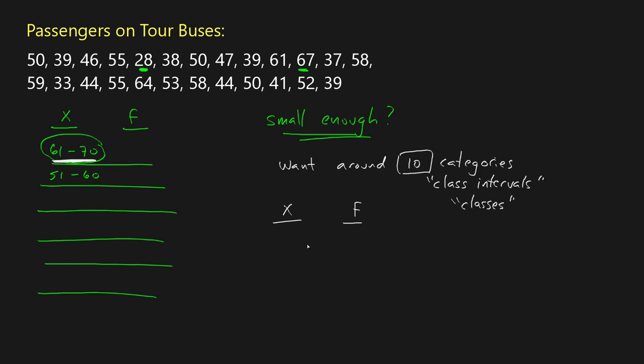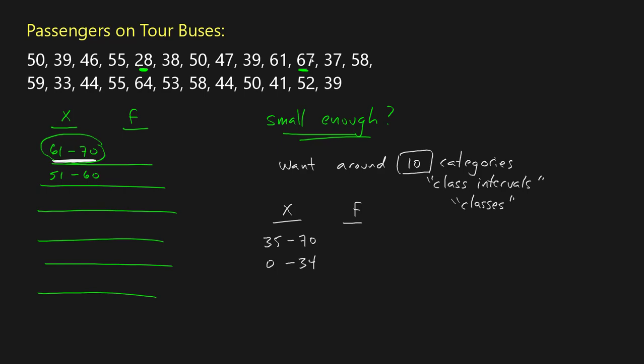Let's say I only wanted to have 2 categories. So I could make my data from 30 to 60, or actually let's make that 31 to 60. Oh, and that wouldn't be large enough actually. Let's make that 35 to 70. And then I would do 0 to 34. Okay, so this should cover everything.